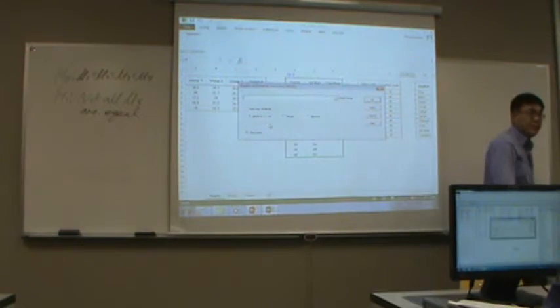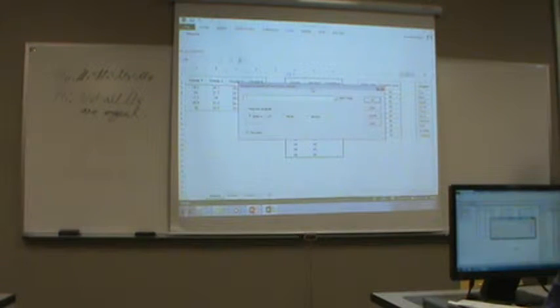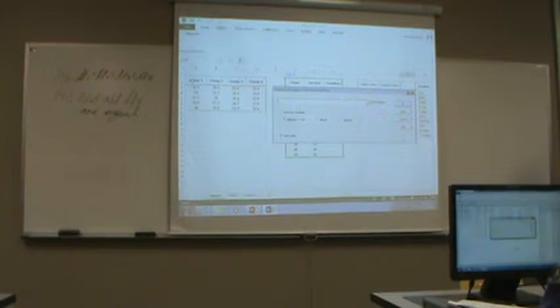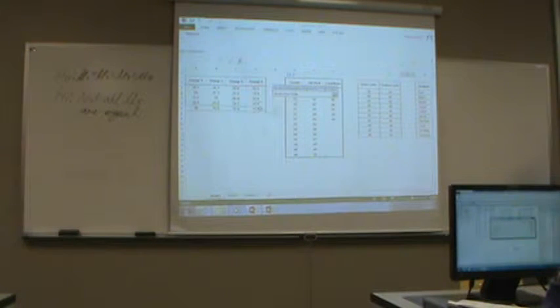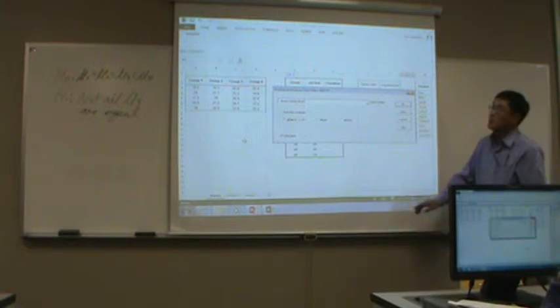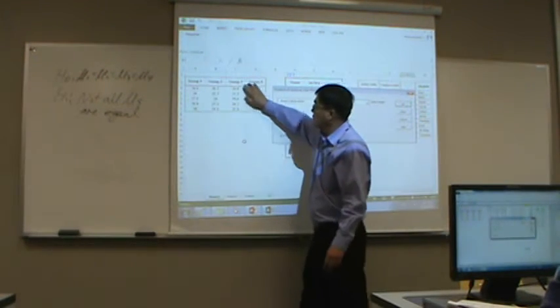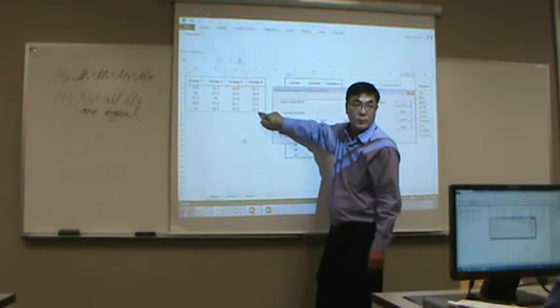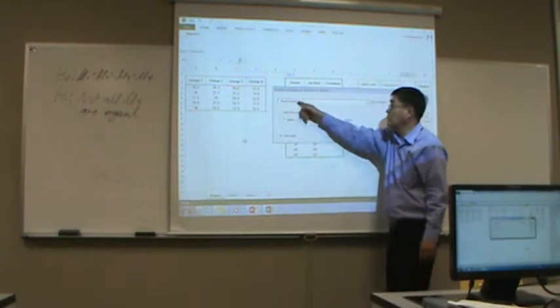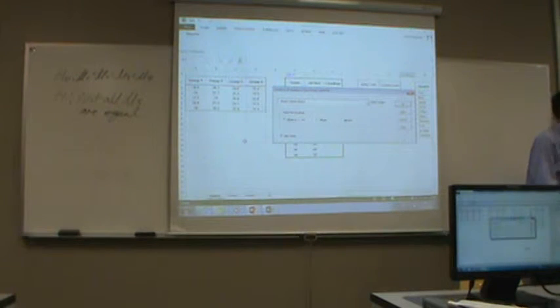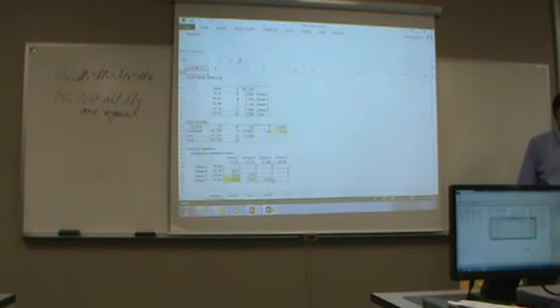Do you know how to, right? Click and scroll from first one to the last one, and then release, then specify like this. Then click okay. Got it?